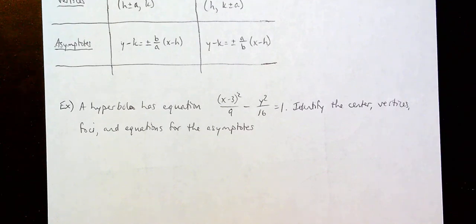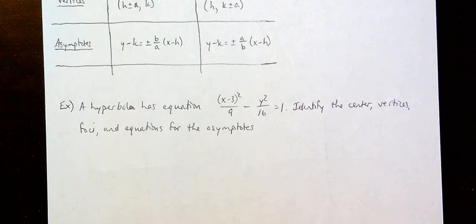So if you're given the equation for a hyperbola, you should be able to identify key features of said hyperbola: the center, the vertices, the foci, and the equations for the asymptotes. So here, first one, (x minus 3) squared over 9 minus y squared over 16 is equal to 1.